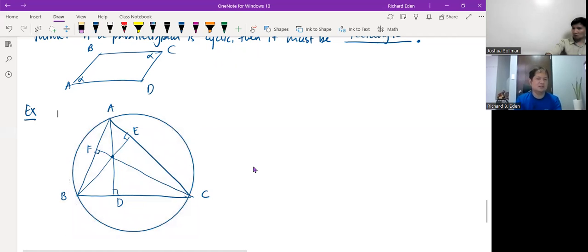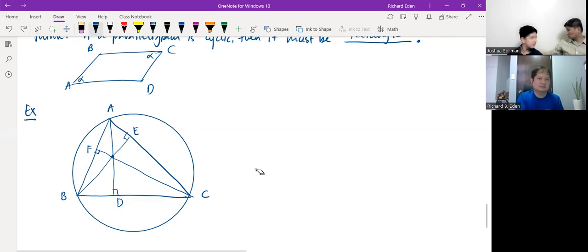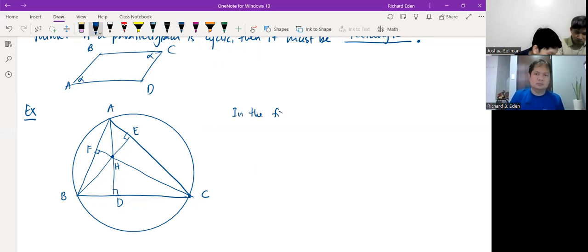All right. Okay. This will do. So in the figure, H is the orthocenter. It's the intersection of the altitudes.